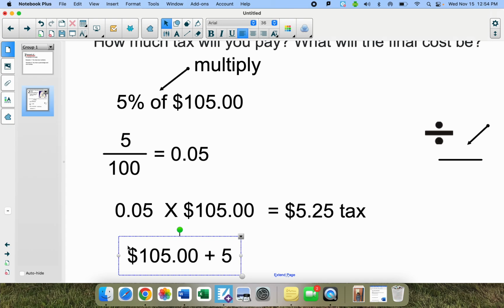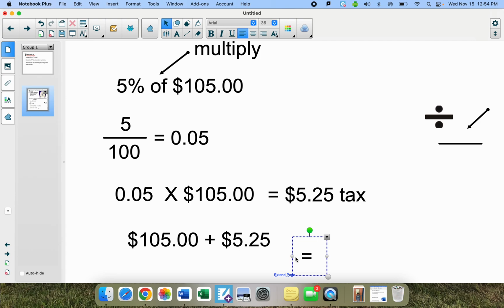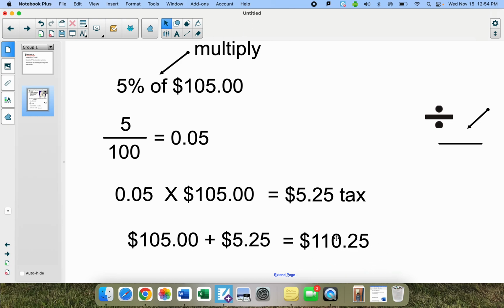We'll do questions in the future about discounts, but you always add tax on top of a price. So $105 plus $5.25 should give me $110.25 for your very lucky and beautiful Taylor Swift hoodie.